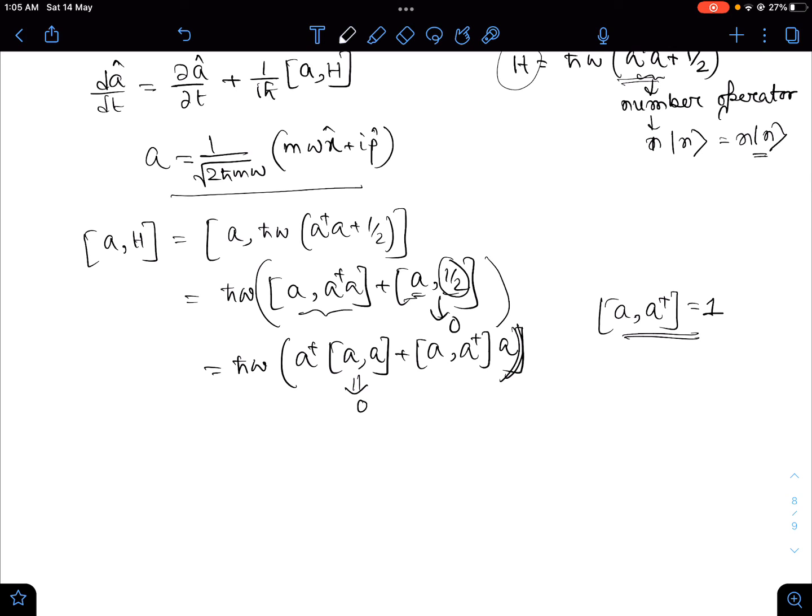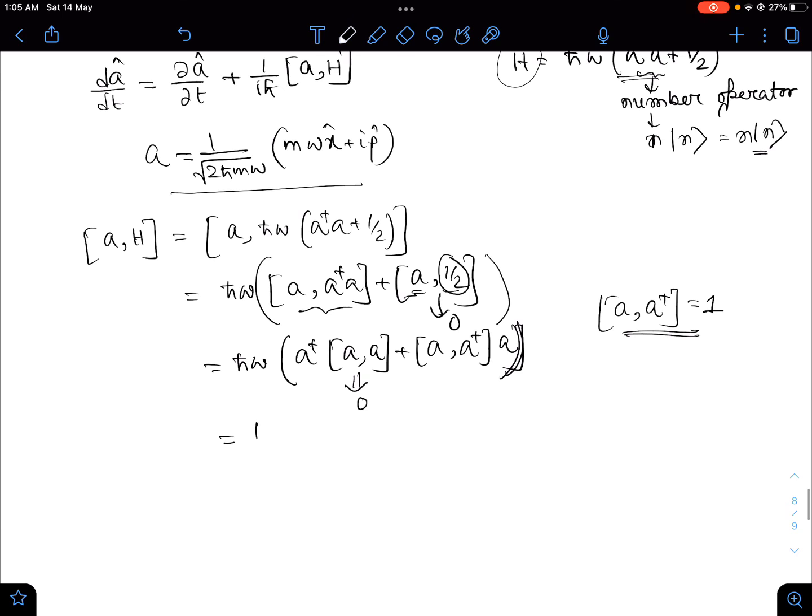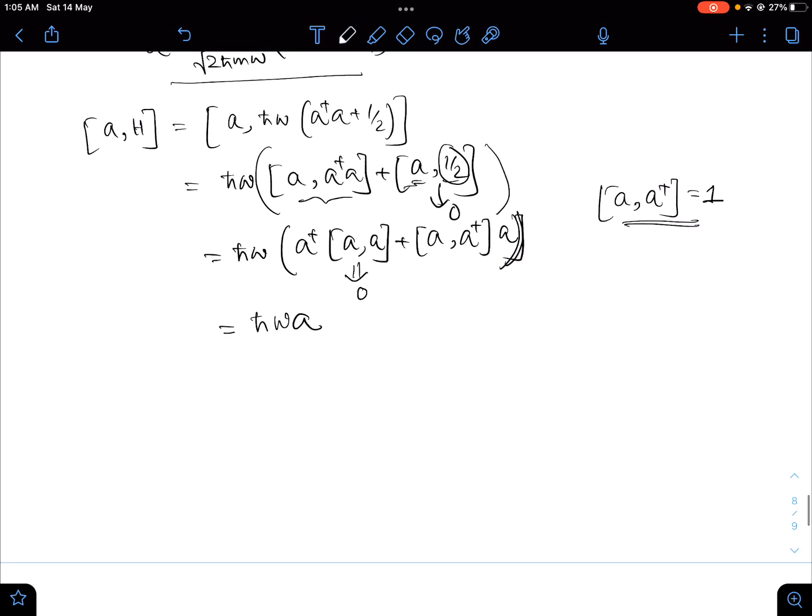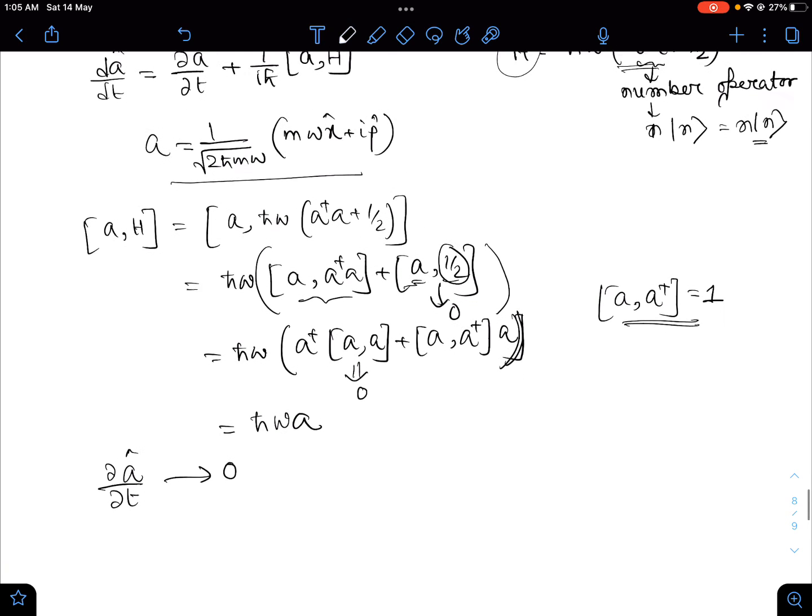So if this is 1, then we have AH is h cut omega A. Also A doesn't have any explicit time dependence, so delta A delta t is 0. So what are we getting?